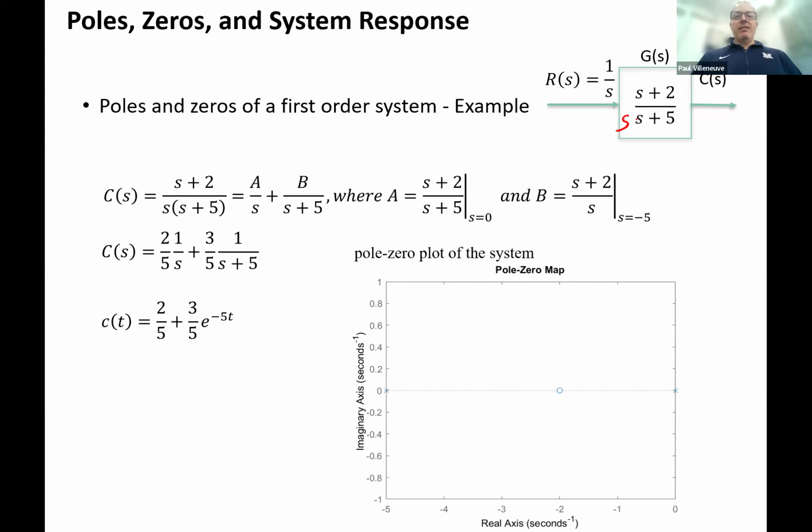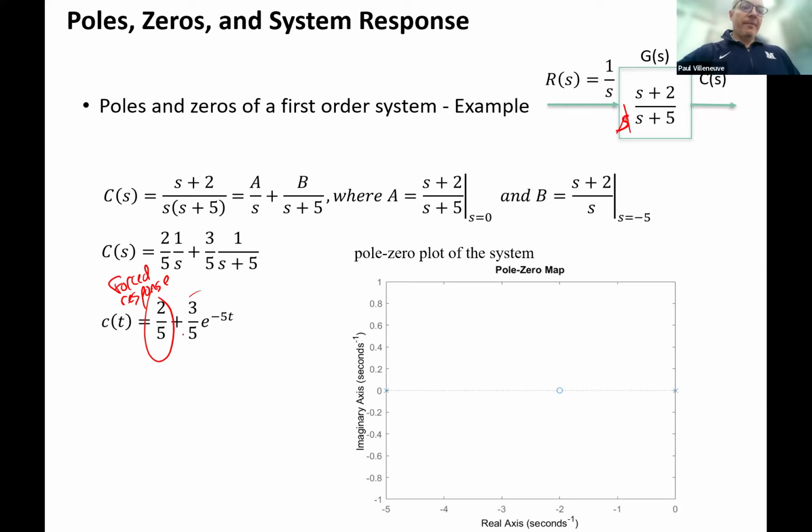But over here, I don't have that S. So all I have in the output is a forced response, right? Or steady state. That becomes 2 over 5. That's bounded, isn't it? It doesn't continue to blow to infinity. It just stays at 2/5. So this is a stable system.